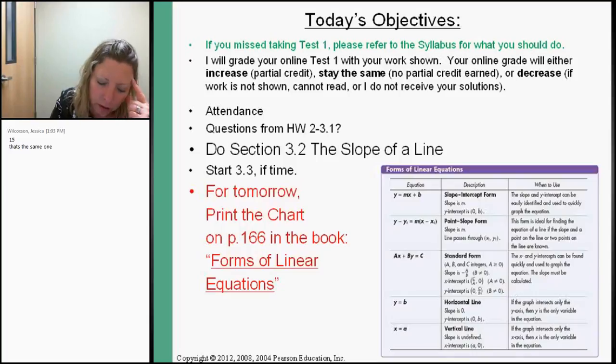What does it say? 4x equals 3y. Okay, and then it says basically to graph it, right? Yep, use the intercepts. So with intercepts, you can either do a t-chart. With your y-intercept, you let x equal 0.